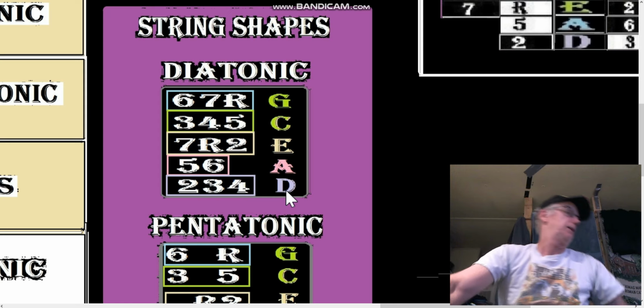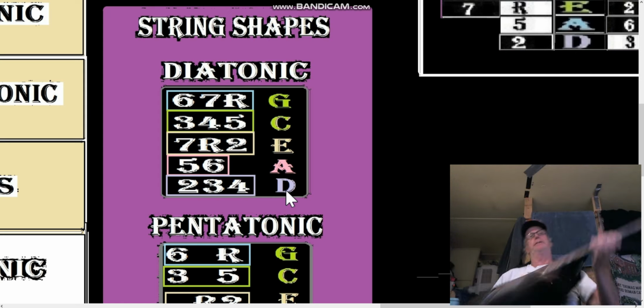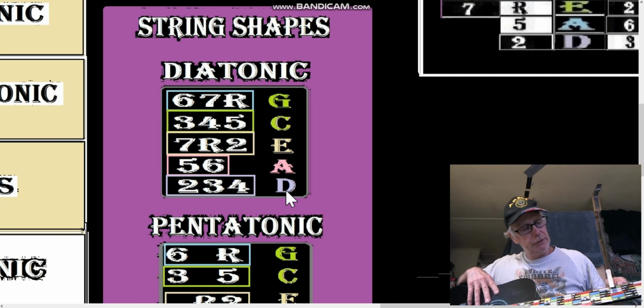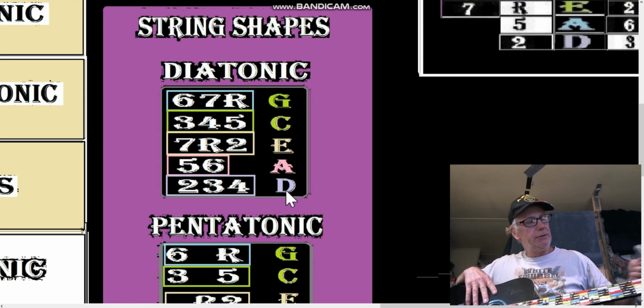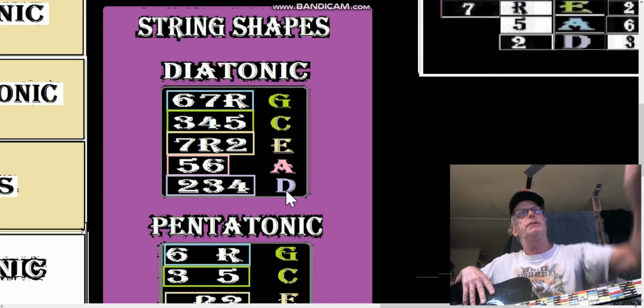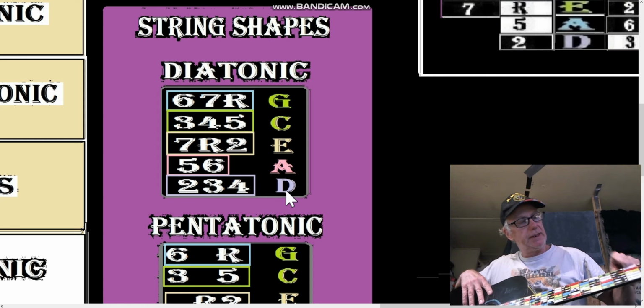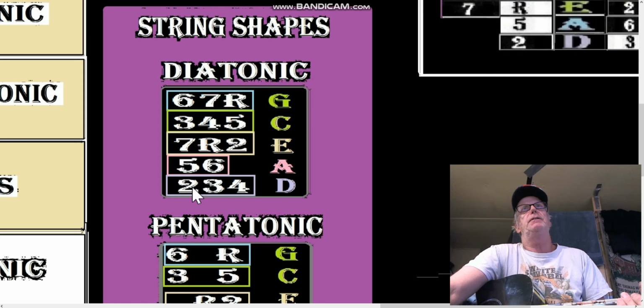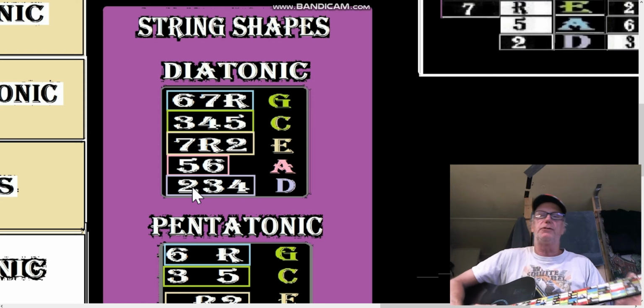Here's your D shape. Now let's look at it on my guitar. Your guitar would be right here, where my E is, but I down-tuned to a C down here, so I can actually get this D right here. D shape, second of the key that you're in.